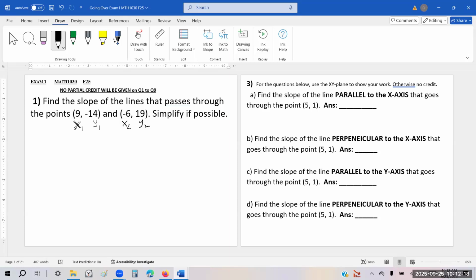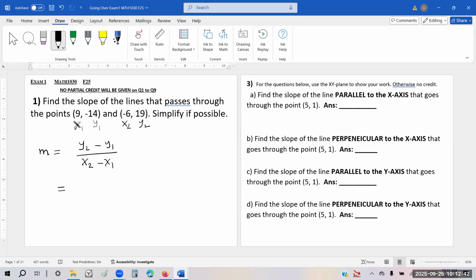It's x2, y2. Because you couldn't identify your pairs, even though you got the formula correct, y2 minus y1 divided by x2 minus x1, because your pairs are wrong, you got the whole thing wrong.